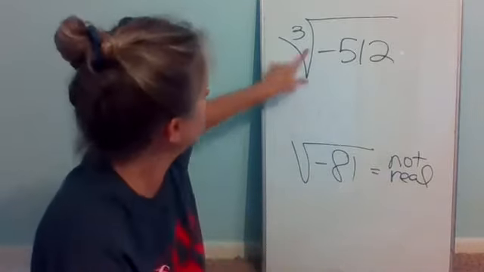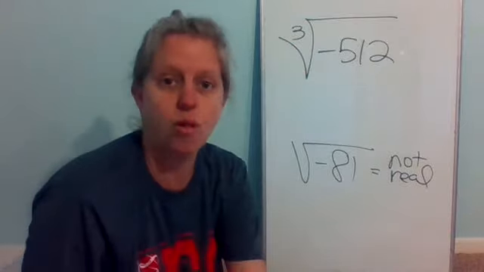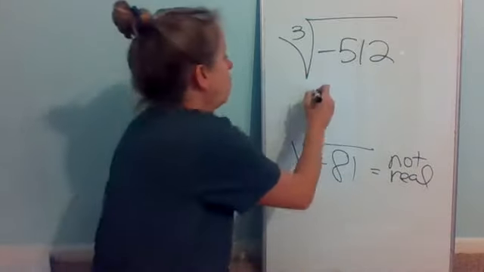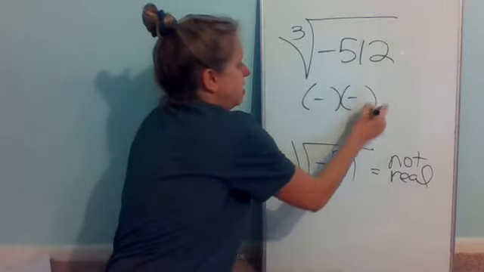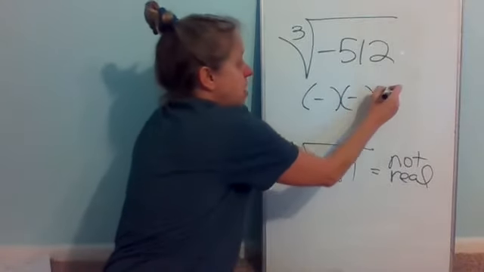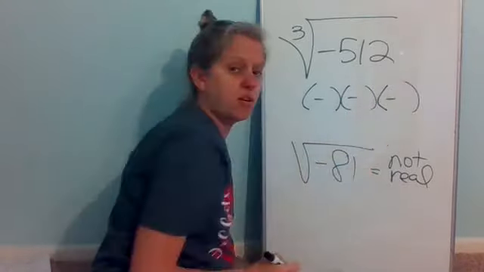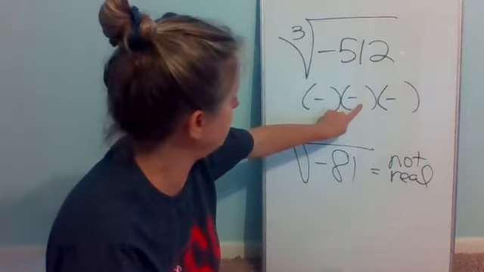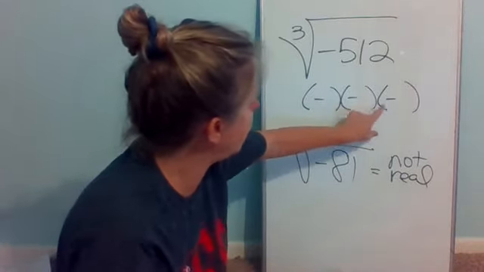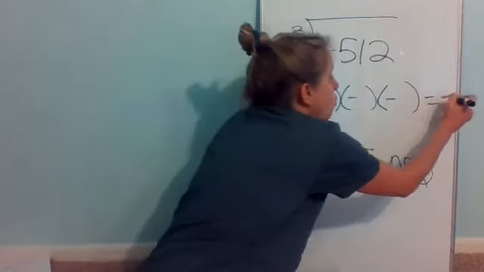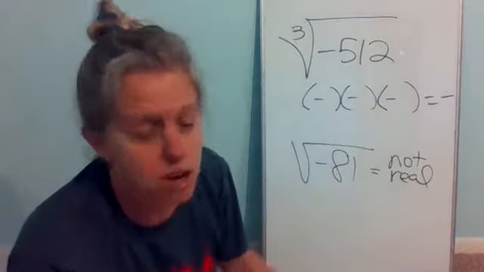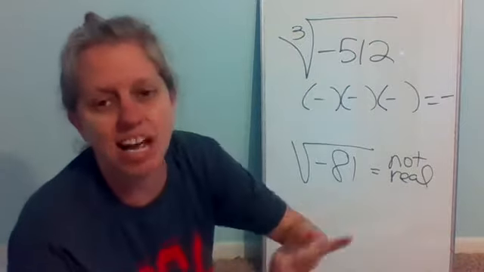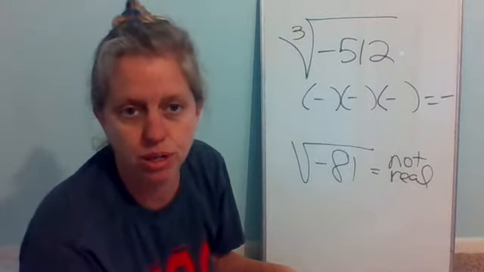But you can multiply a number together 3 times and get a negative, because a negative times a negative is a positive. But if you multiply that same number together again, it's a negative, right? Negative times negative is positive, but then you'd have a positive times a negative, which is a negative. So I can work this if it's a cube root or any odd number root.